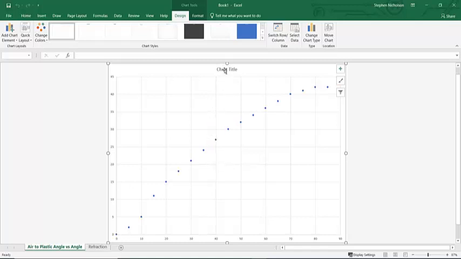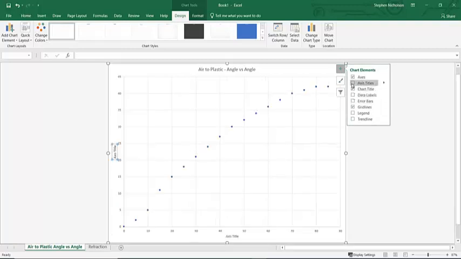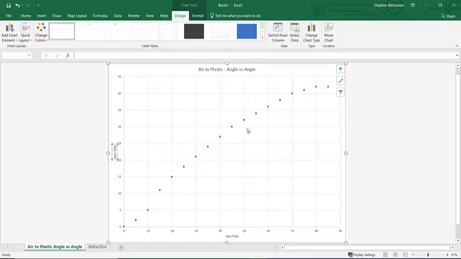Let's go ahead and put some titles on here. So we'll call this air to plastic dash angle V angle. And then we will click there and push the little plus sign because we want axis titles. And we don't need a legend because there's only one set of data. Okay, that's good.